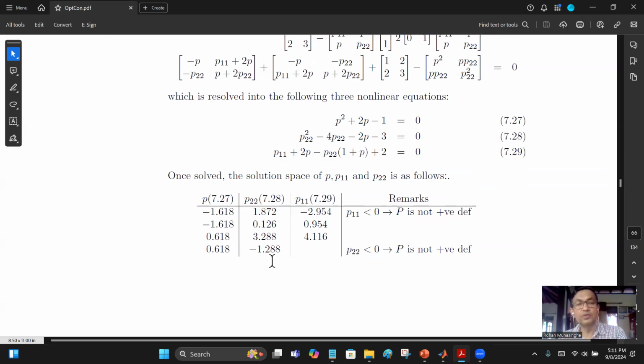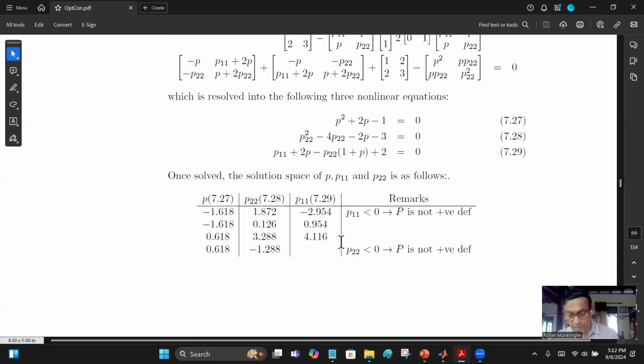Actually, there are 4 solutions. This is the first one, second one, third one, fourth one. Please do this manually yourself. These are the values for P11, P, and P22 from these 3 equations.